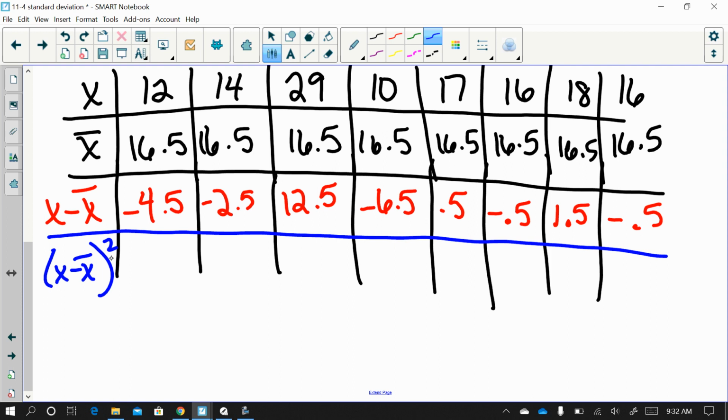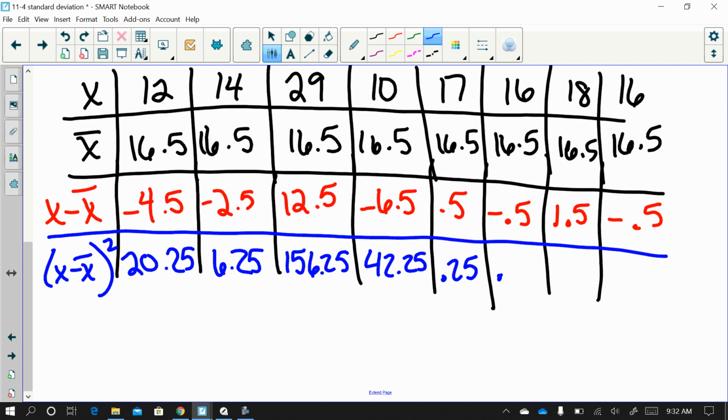Okay, so negative 4.5 squared gives me 20.25. Negative 2.5 squared gives me 6.25. 12.5 squared gives me a big number. Negative 6.5 squared gives me another big number. 0.5 squared, negative 0.5 squared, 1.5 squared, negative 0.5 squared.